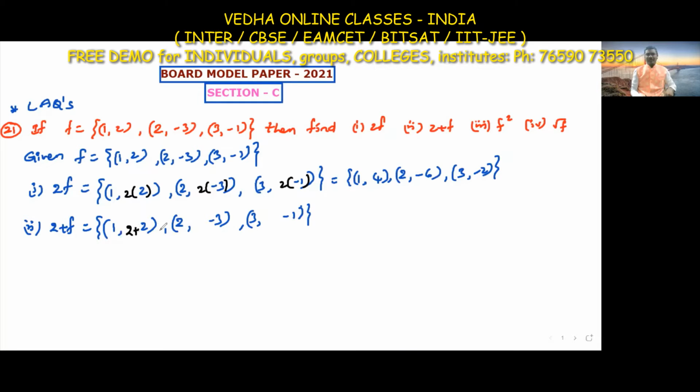Now simplify: (1, 4), (2, -1) and (3, 1). 2 minus 1 is 1. That's it, very simple.